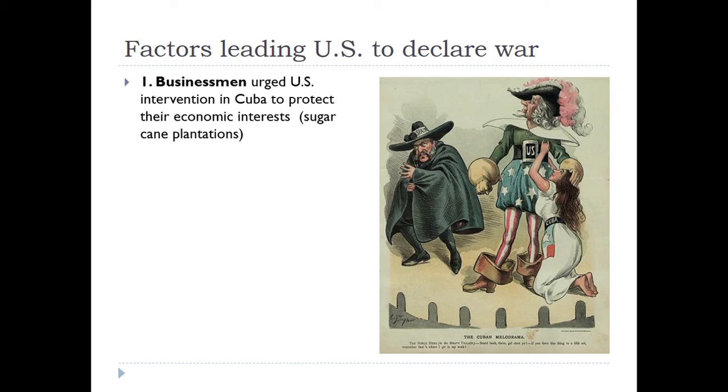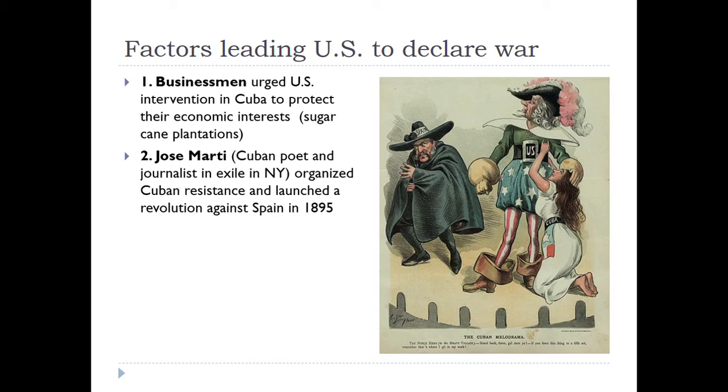Anywhere where people speak Spanish, at one time that was a Spanish colony. American businesses are invested there. They're worried if Cuban people rebel or are fighting with Spain, that could jeopardize their investments, especially in these sugarcane plantations. So that's part of why this might push the U.S. toward war. These businessmen are saying the U.S. should get involved to protect their money.